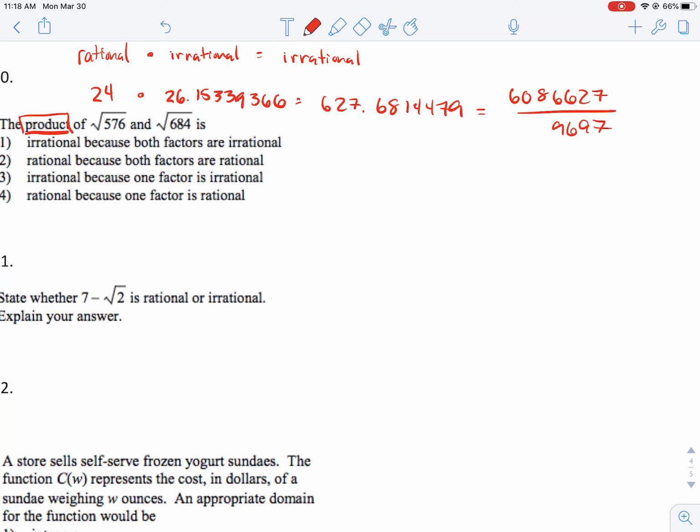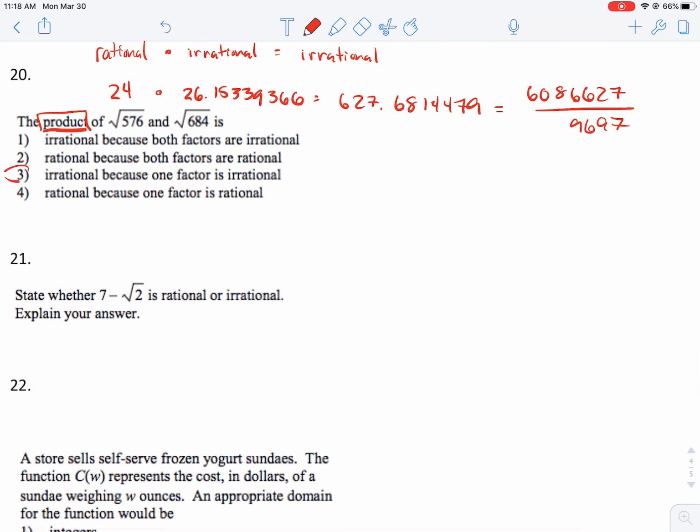That's why this math frac button isn't always the best trick. Because the answer here is an irrational number, because one of the factors is irrational. So that trick, the math frac, isn't always your friend here.